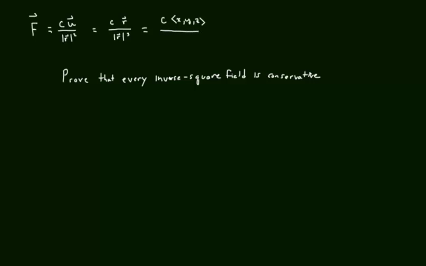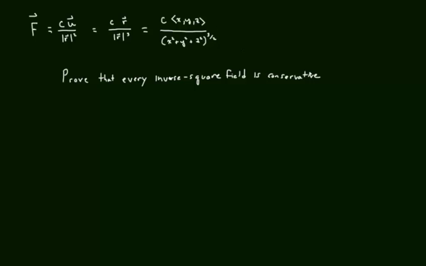And then if I take the magnitude of that vector to the power of 3, it gives me x squared plus y squared plus z squared to the 1/2, but then cubed, so to the 3/2 power.